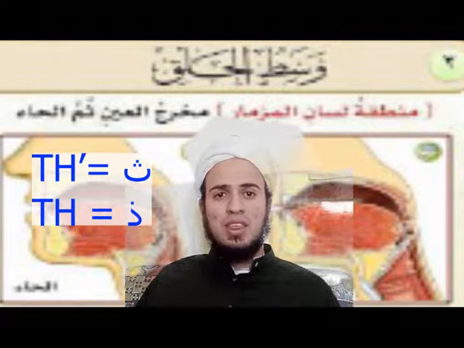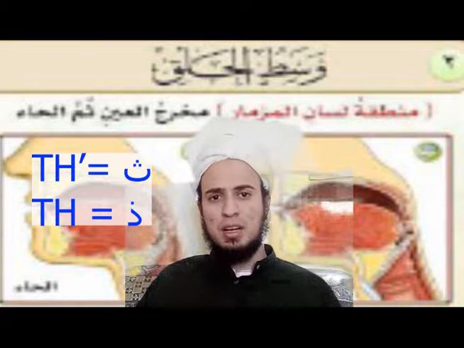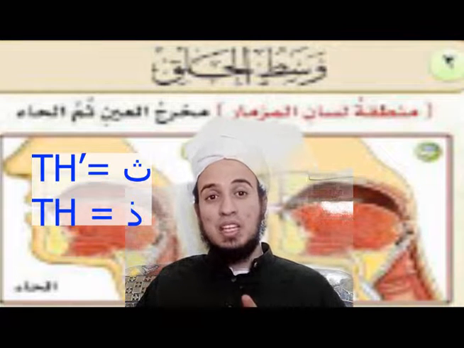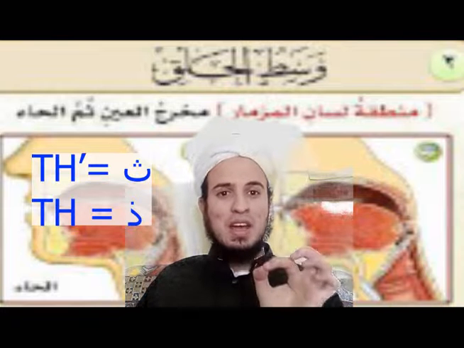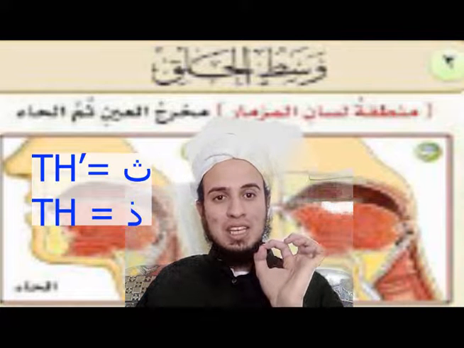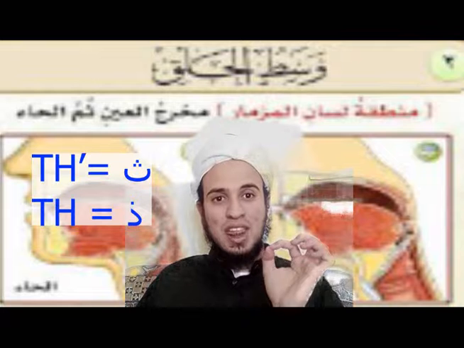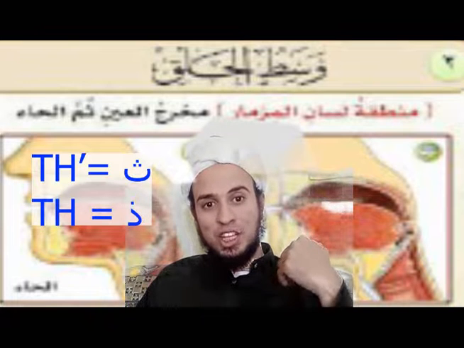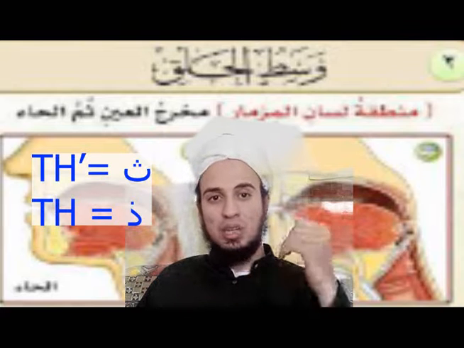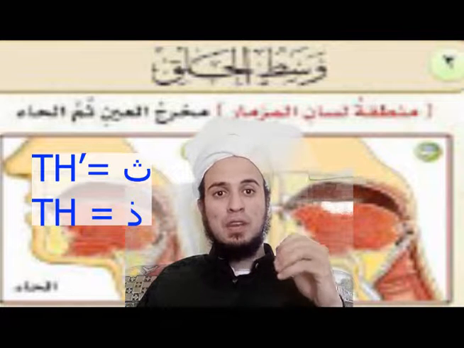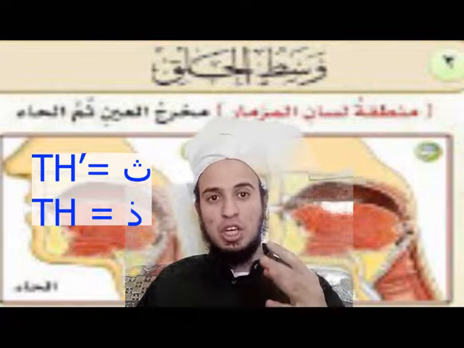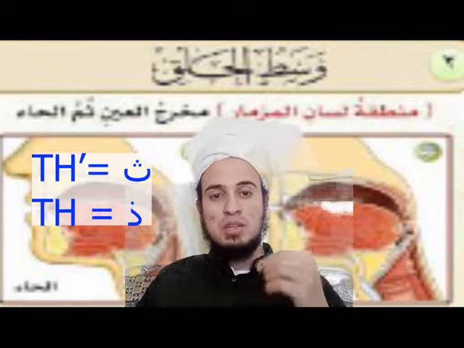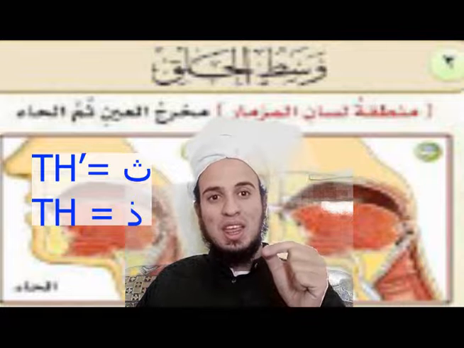However, TH is a letter in Arabic named dhal, and you all know this. Now you will pronounce it the same way that you pronounce T and H, the. However, you will allow the air to pass out. You will allow the pressure of the air to go out when you say tha.